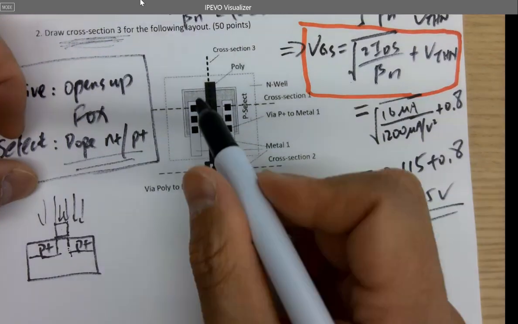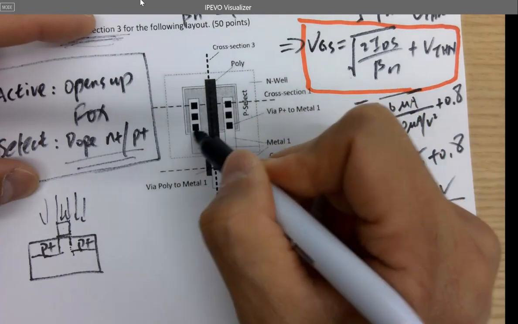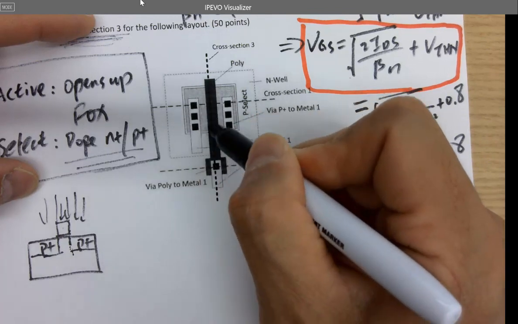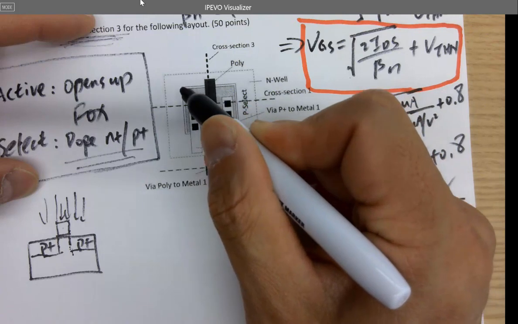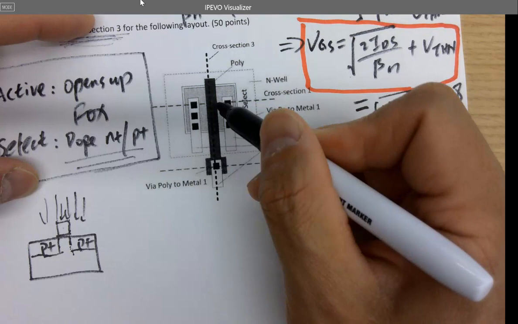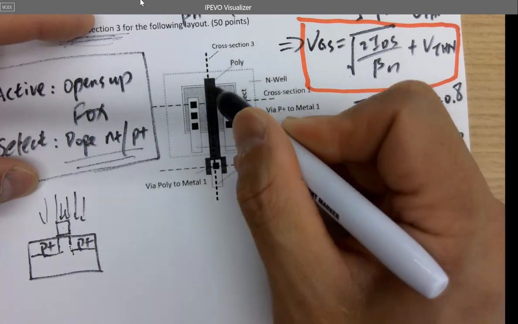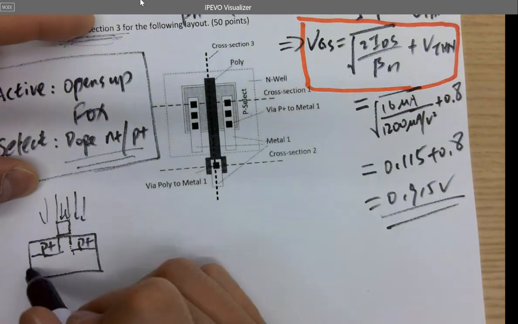Okay, so when you're drawing this cross-sectional view, you know that the whole area here is what? That's a P plus. What is underneath this gate? What is this area? And well, yes.